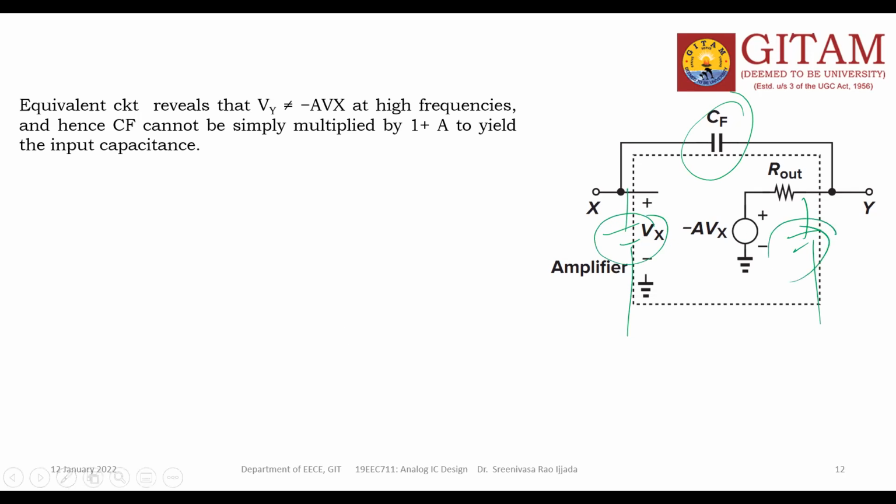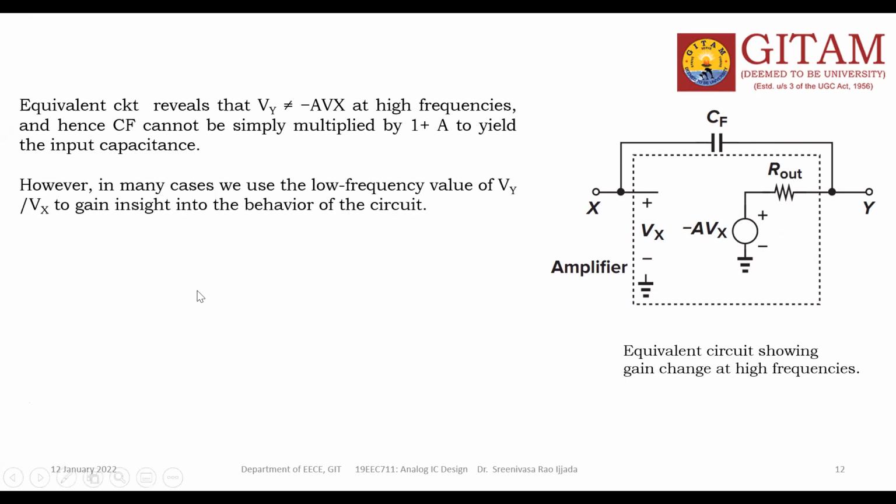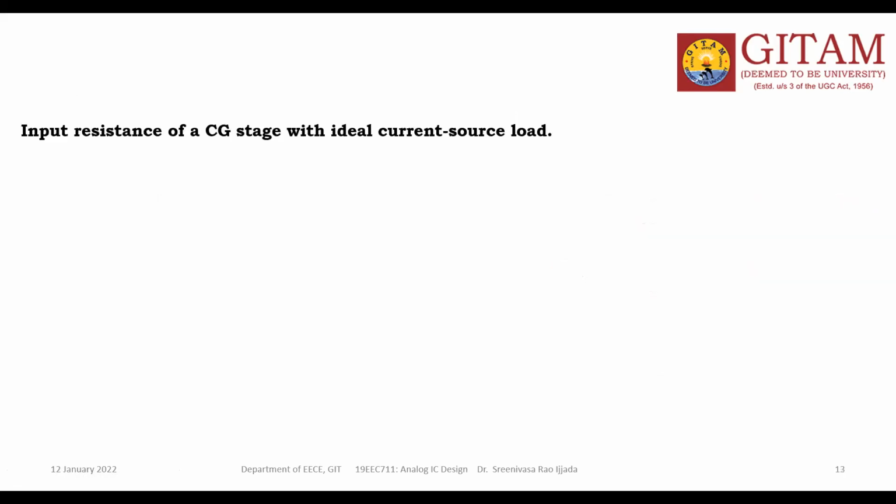Usually the input impedance Z1 is the impedance multiplied by 1 plus AV. But in this case, it is not correct. It is not true. However, in many cases, we use the low frequency value Vy by Vx to gain insight into the behavior of the circuit.